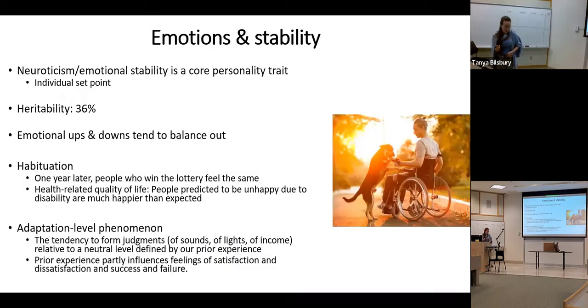Now, we also learned that we're all born with a temperament. Okay, there's some things about personality that are hardwired. And one of those is the personality trait of neuroticism, which in that context refers to emotional stability, or rather the lack of it. So some babies are happy babies and tend to stay that way.